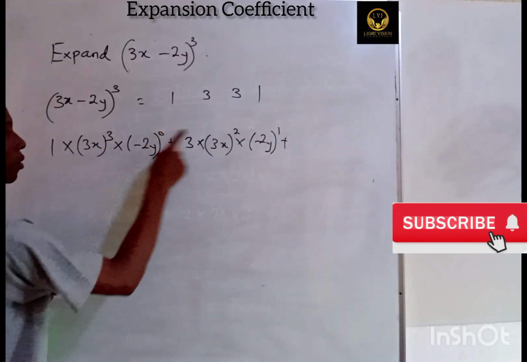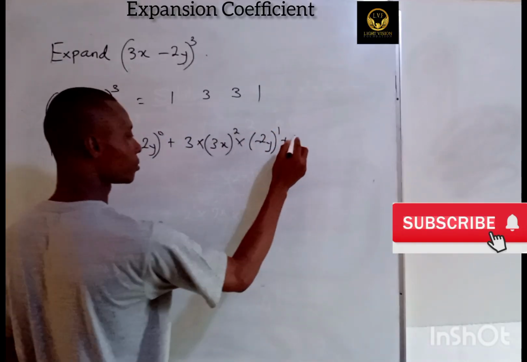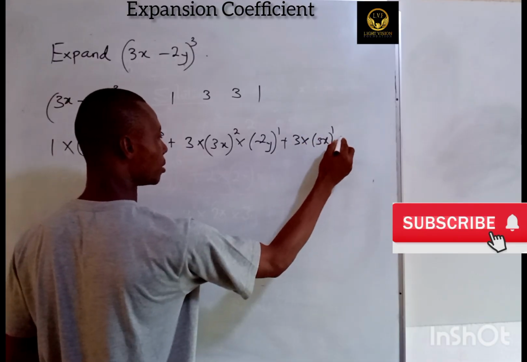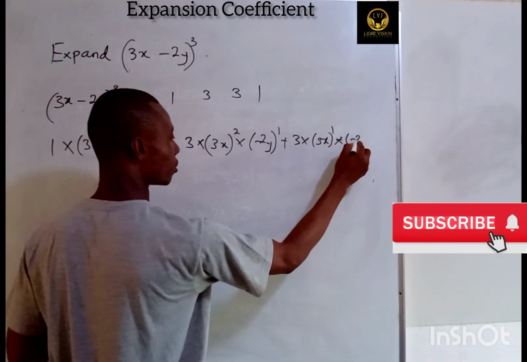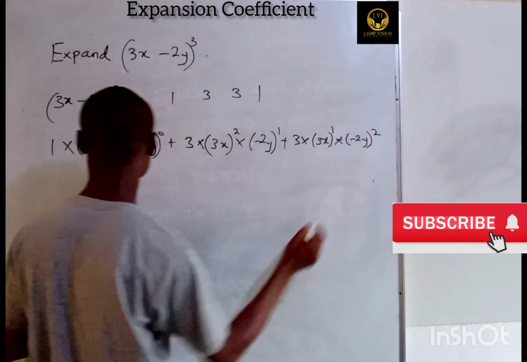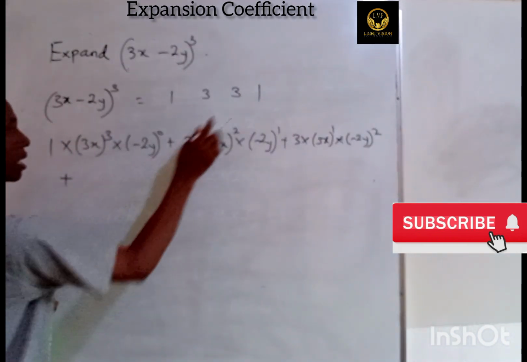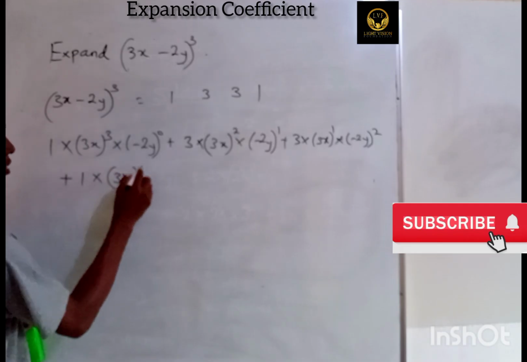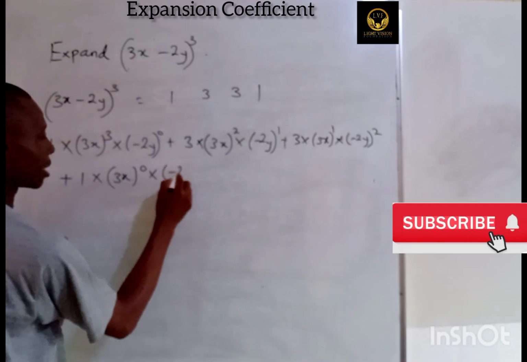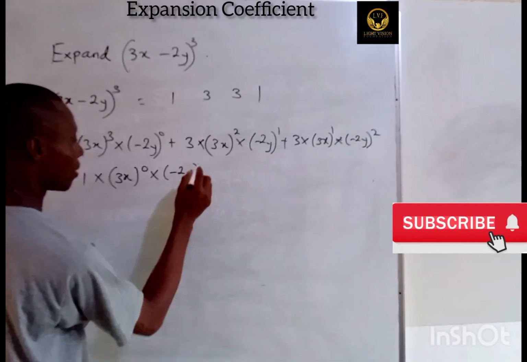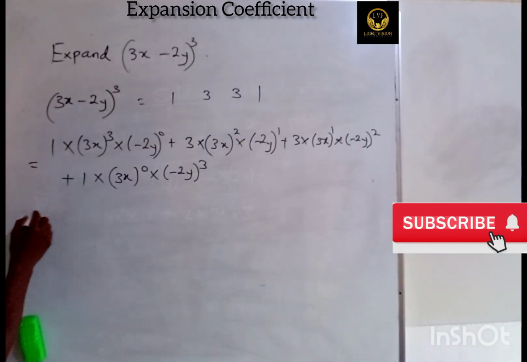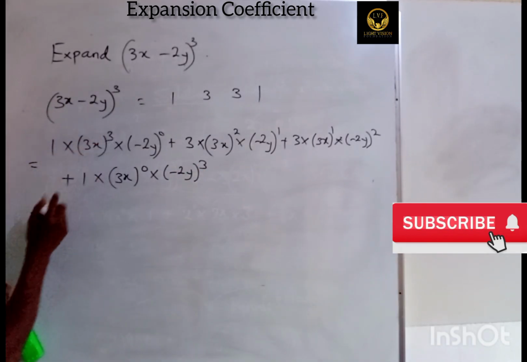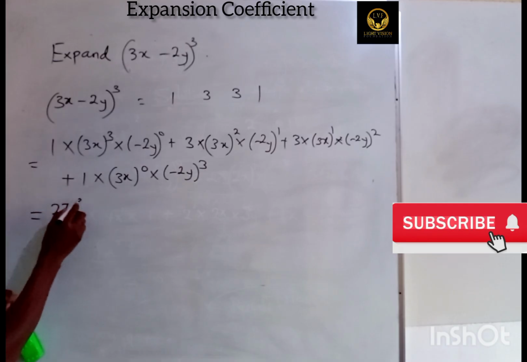The next one, 3 times 3x raised to the power 1 times minus 2y raised to the power 2. Then plus the last one, 1 times 3x raised to the power 0 times minus 2y raised to the power 3.